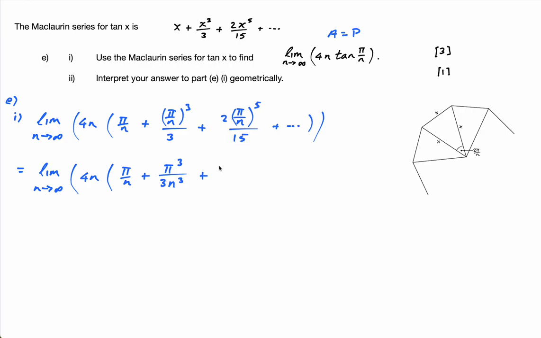There's still a 2 there, so it's 2 pi to the 5 over n to the 5, and there's a 15, so 15 n to the 5.